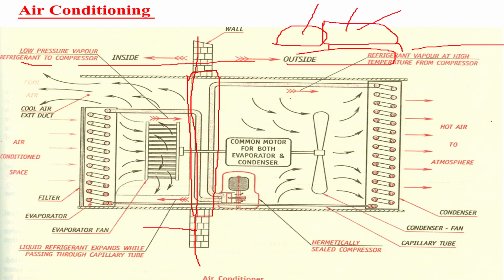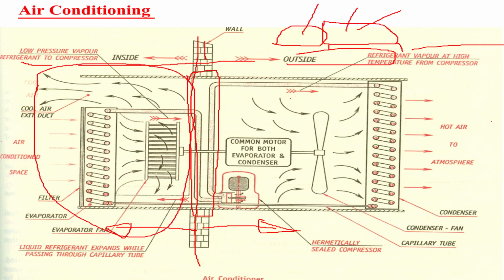One is the side which is coming inside the room, and the other side which is located outside the room, and this is separated by the wall. This is wall and the window. Okay. So then here consider this inside the room, how it works.